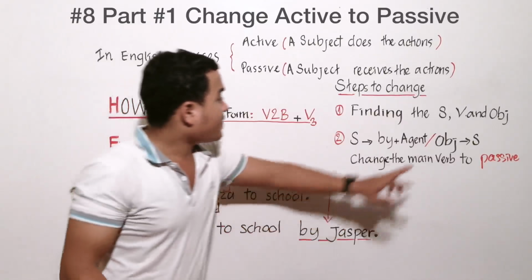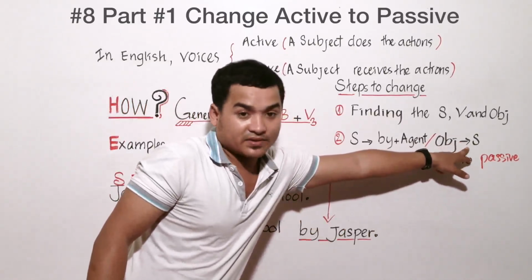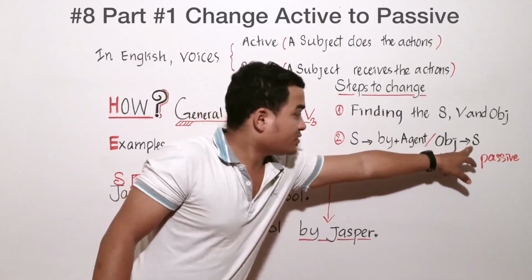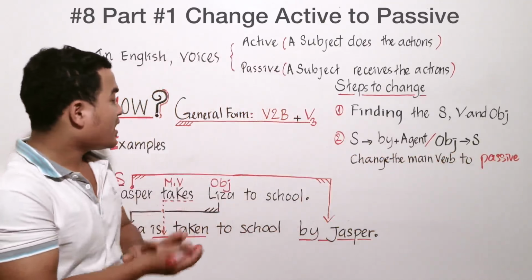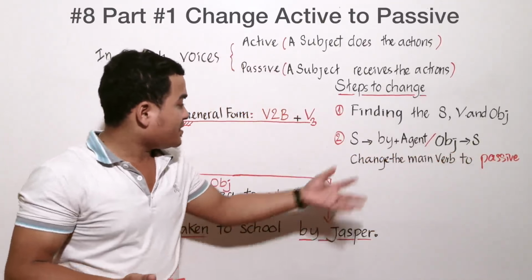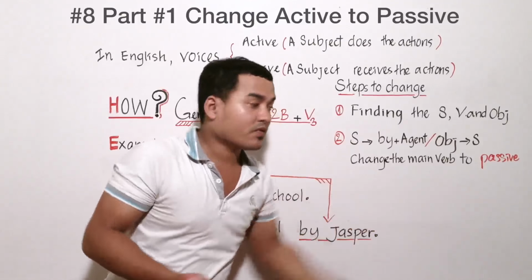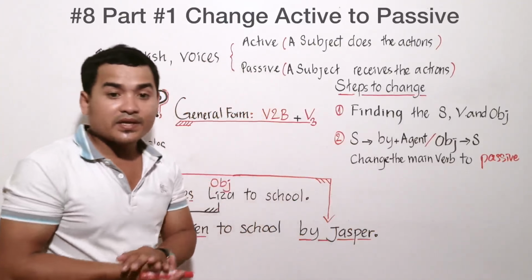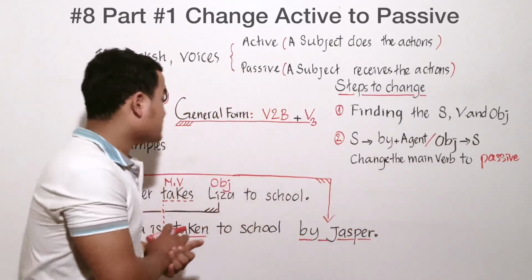Okay, and after that you change the object into the subject in the passive voice. Object from the active sentence into the subject of the passive sentence. And after that, please change the main verb into passive voice form. Alright, so now please look at the real example on how to change active to passive voice.